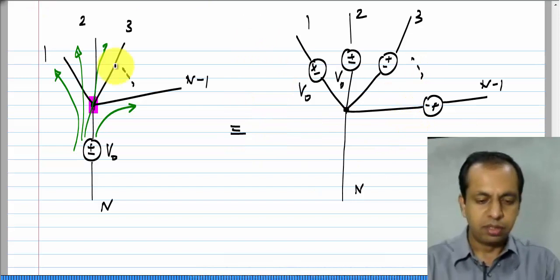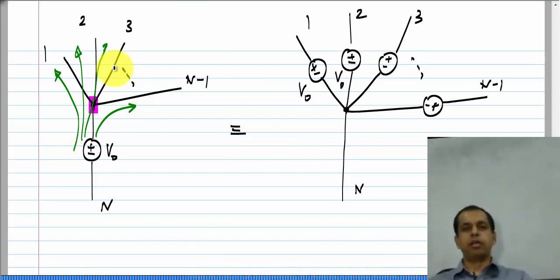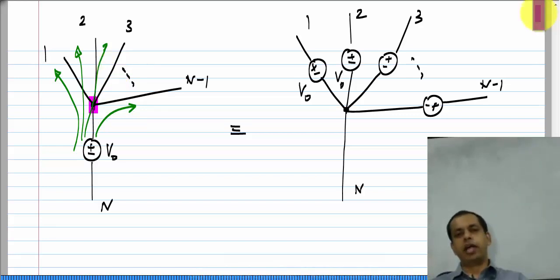And that is why this theorem I originally titled pushing a voltage source through a node. If you have a node with a number of branches connected to it and one of the branches has a voltage source, that voltage source can be pushed through the node into all the other branches.